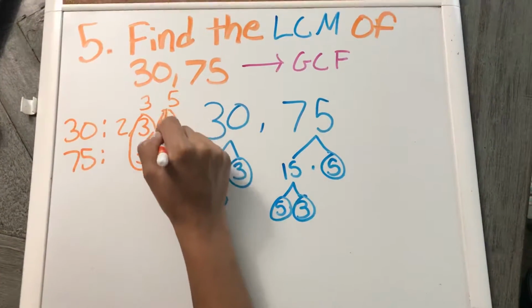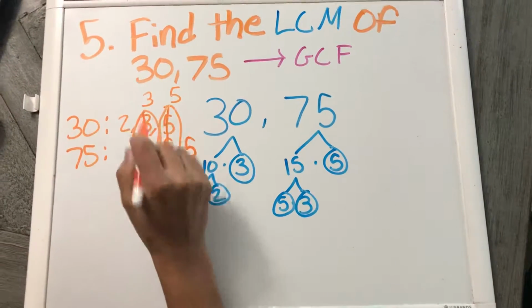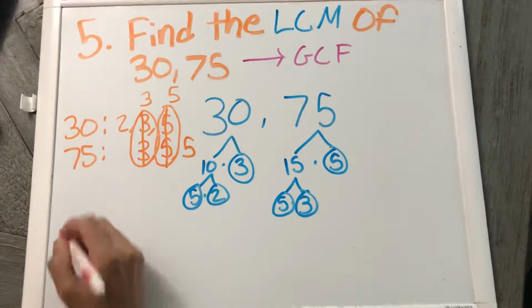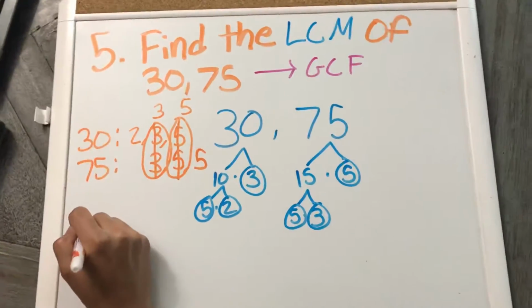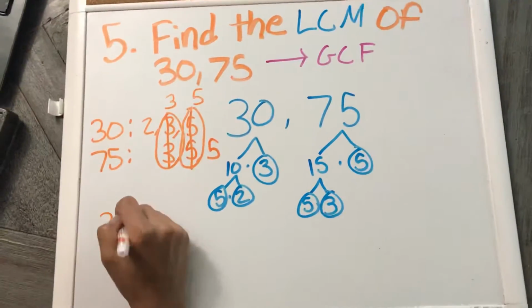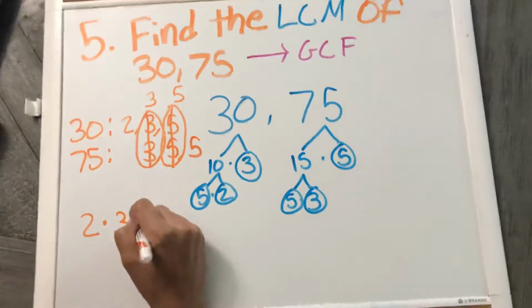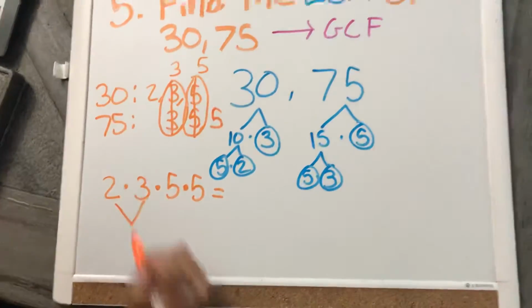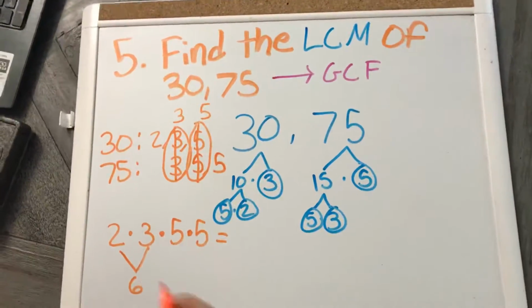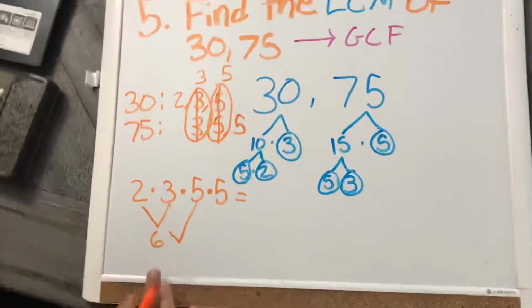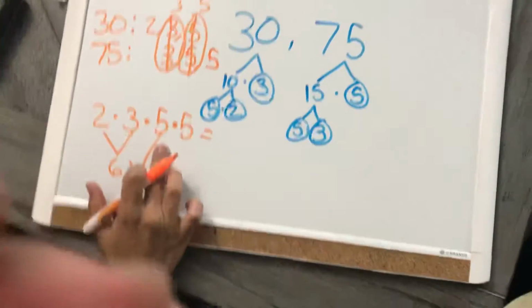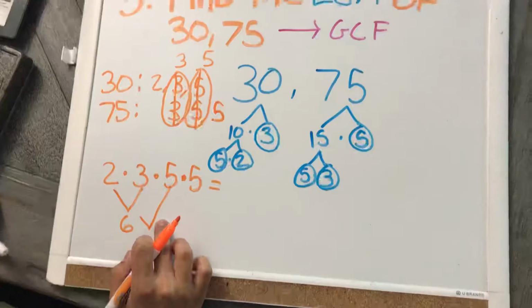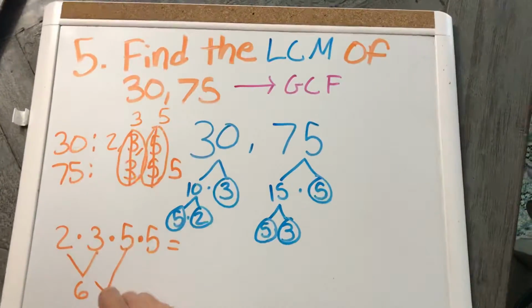So what you can also do is cross this out when we put that single digit above it. Now 2 times 3 is 6, and then 6 times this next number here is 5. So 6 times 5 is 30.